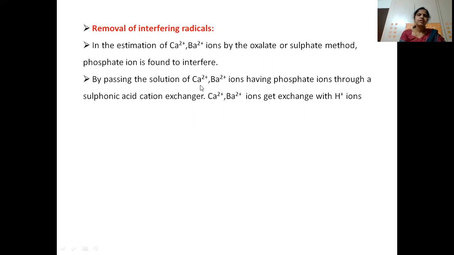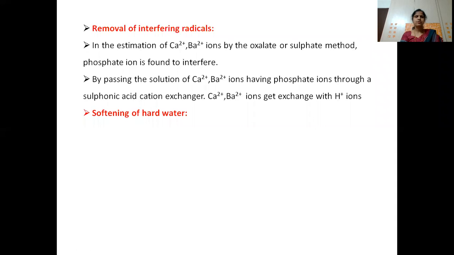So we need a cation exchanger as the resin. Here we are taking a sulfonic acid cationic exchanger, which is a very strong cation exchanger. These calcium or barium ions will be exchanged with the H+ ions present on the sulfonic acid cation exchanger, and then after collecting, you can easily estimate the amount.